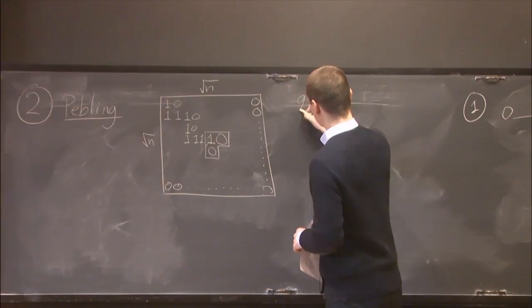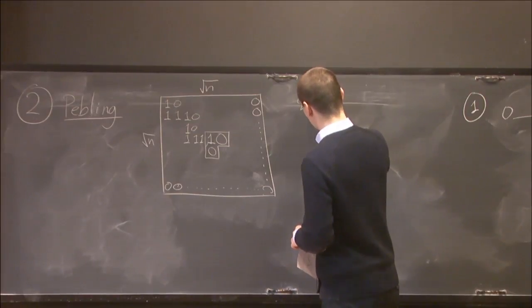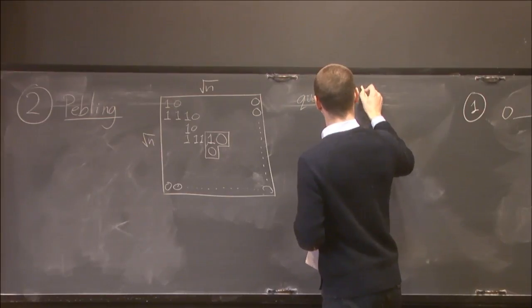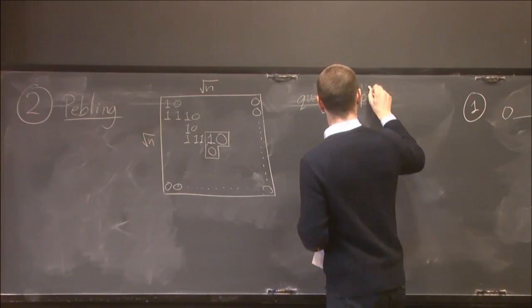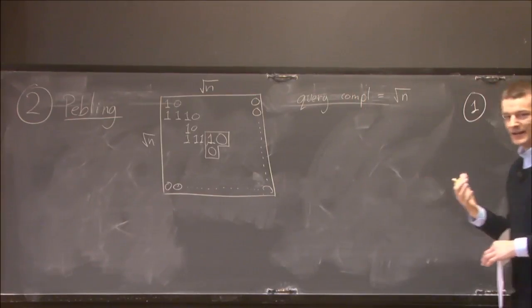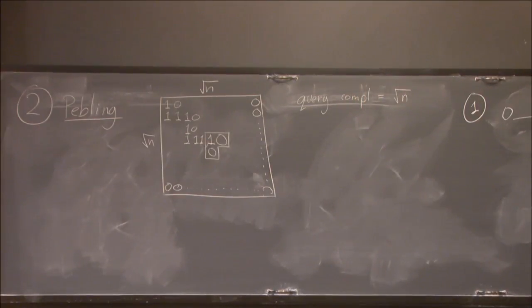So as a tree-like model of computation, the query complexity is roughly root n. But again, now I claim that if you forget things, you can do much better.